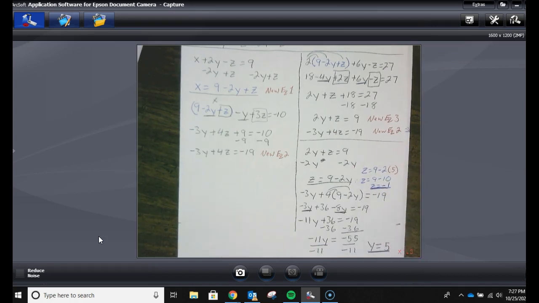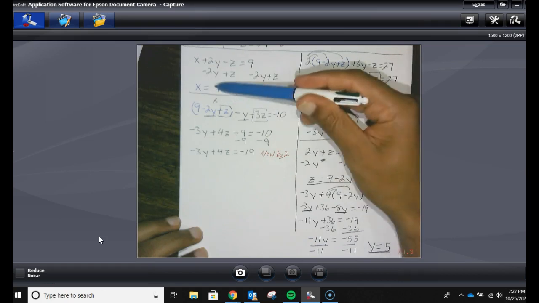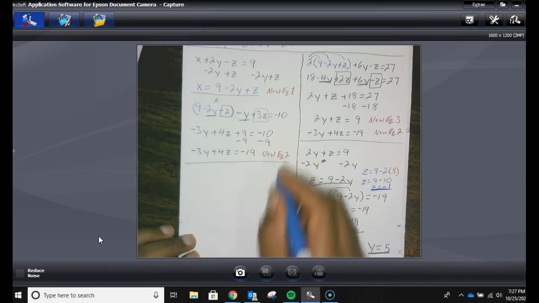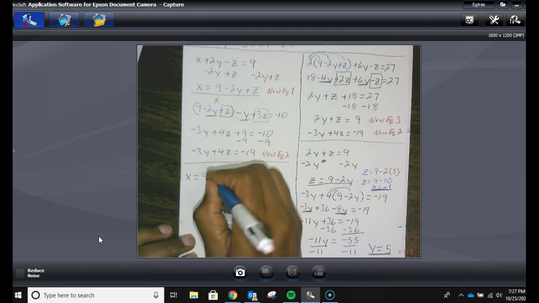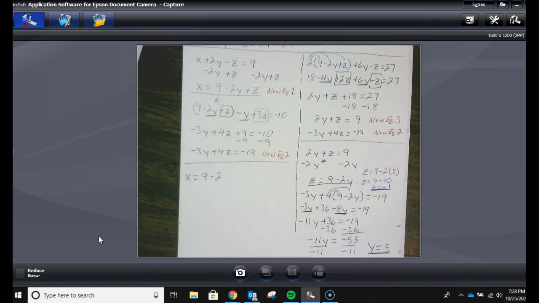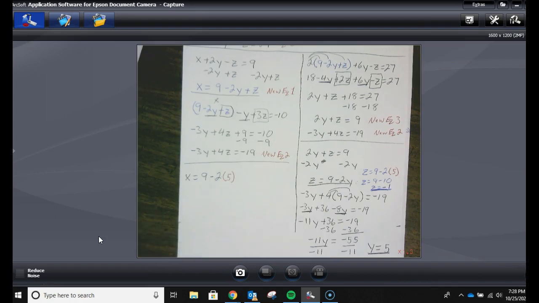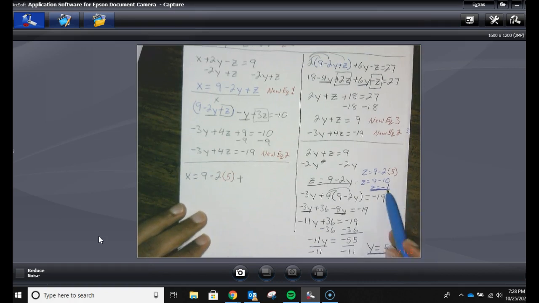So I found z and I found y. I have one more variable to find. I have to find x. You see right here where I have that one underlined, a new equation 1? Well, I have a y and a z. X is equal to 9 minus 2y plus z. So over here in this little blank space, I'm going to work that one out. So I end up with x is equal to 9 minus 2 times y, which is 5, plus z, which is -1.